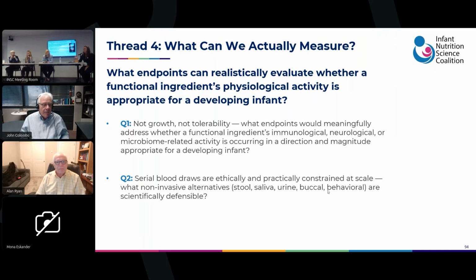Well, people are really interested in using parent questionnaires for neurocognitive, and I would just caution everyone about things like the Ages and Stages. Someone just talked about signal and noise ratio.